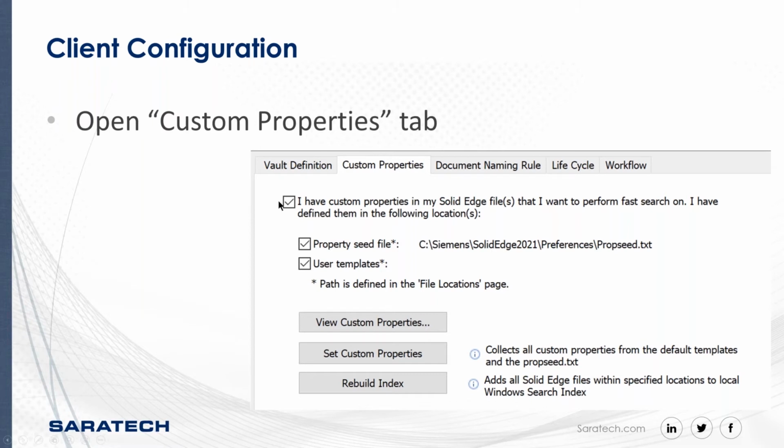So I selected custom properties, which is in that propseed file, now residing on the server. And then I also set up a user templates folder on the server. This is optional, it's not required. The path is defined in the file locations. So once we go through and we define that, we go ahead and use the same tools that we have from the server.